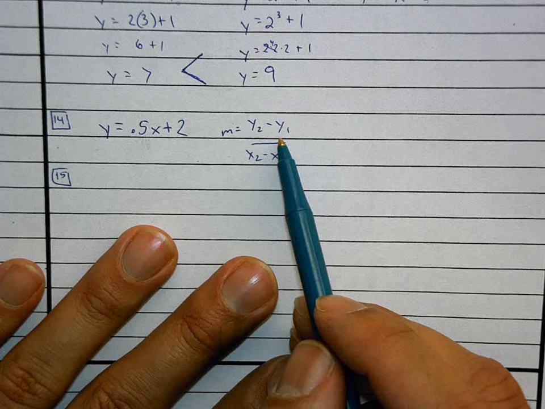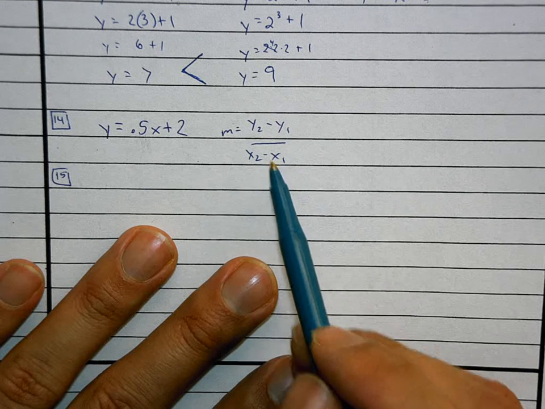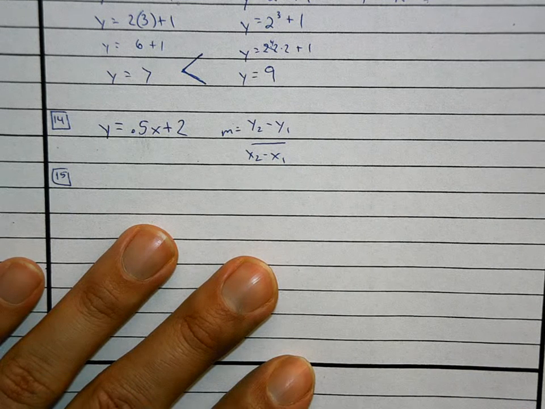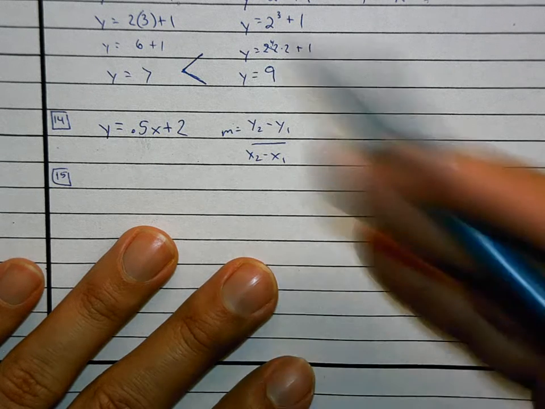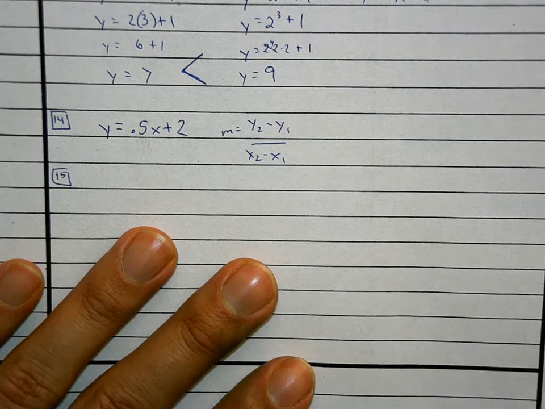That's how we find an average rate of change. That's synonymous with the slope. We're going to find what the slope is, or the average rate of change, between these two points.